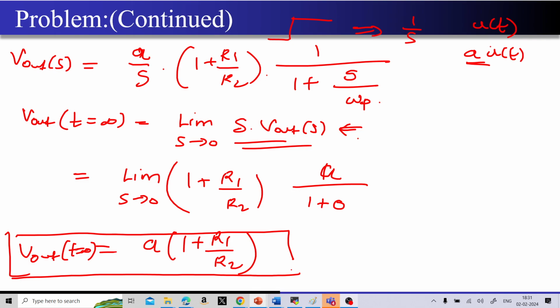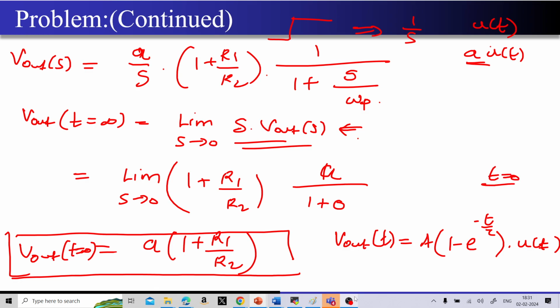I hope till this point it is very much clear to everyone. Now what will be the general equation? The general equation will look something like this: V out of t will be something like A into 1 minus exponential of minus t by tau, correct? This is how the final expression will look, into of course u of t, because we are starting at t equal to 0 now.